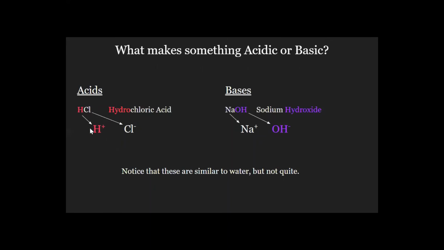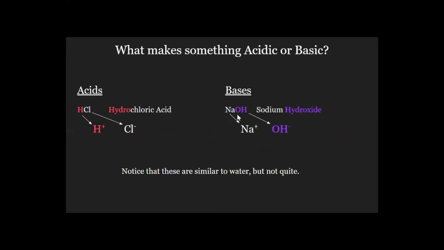So here's our cation, the H+, the positively charged ion of H, and then the negatively charged anion of chlorine, and those two get attracted together and make HCl, hydrochloric acid. So this H+ is what's in the water and it reacts with water and makes things acidic.